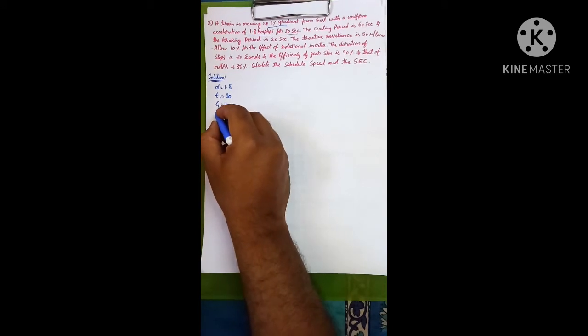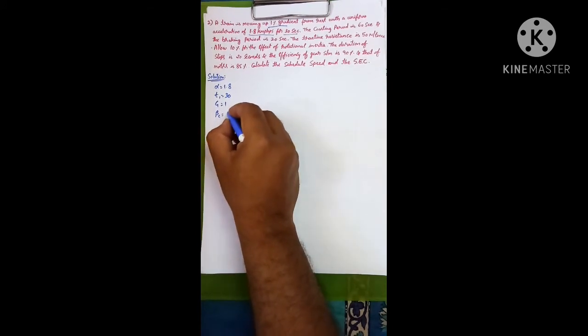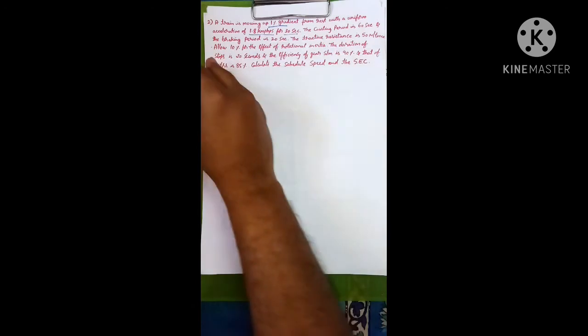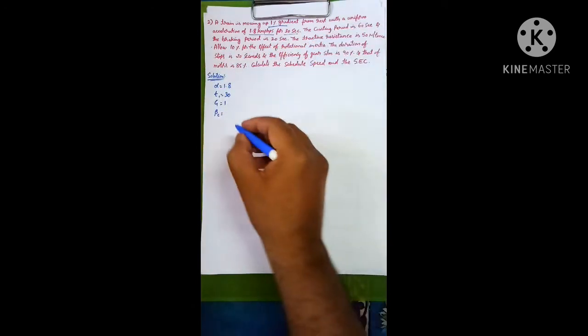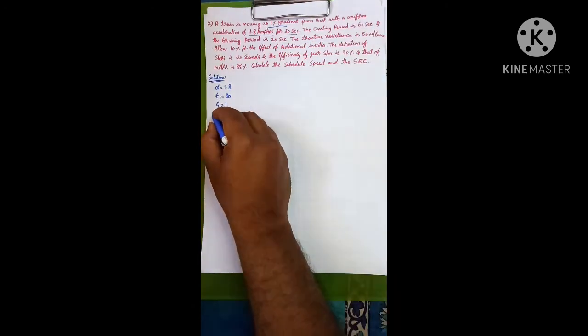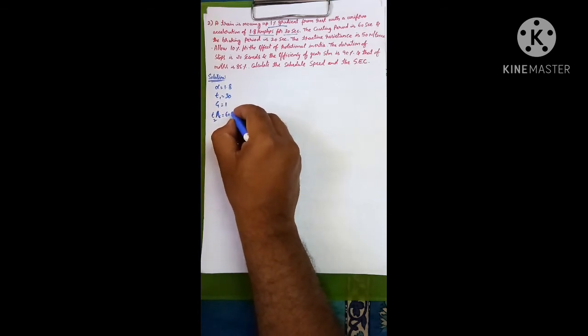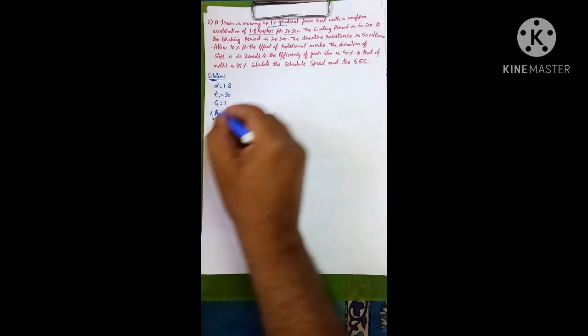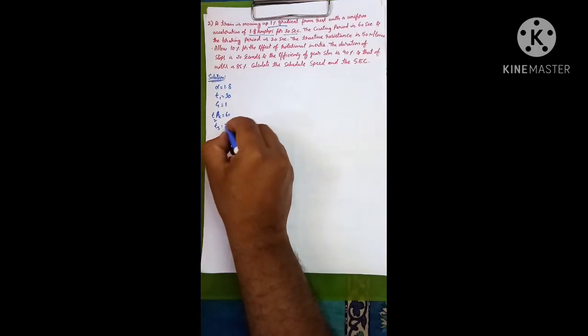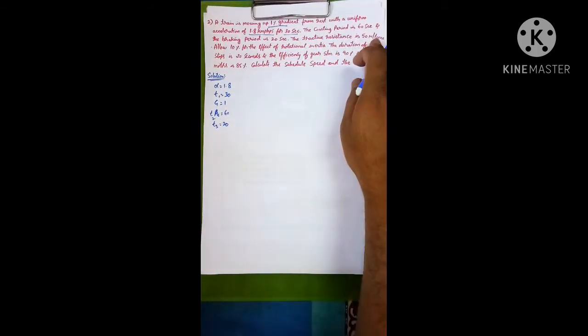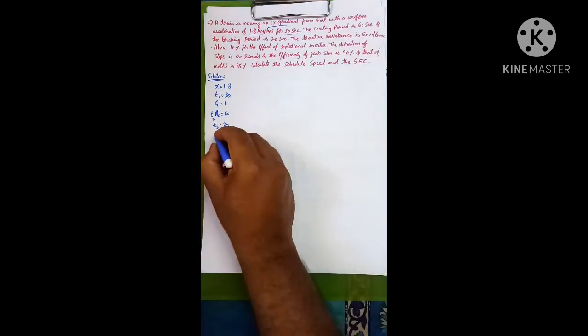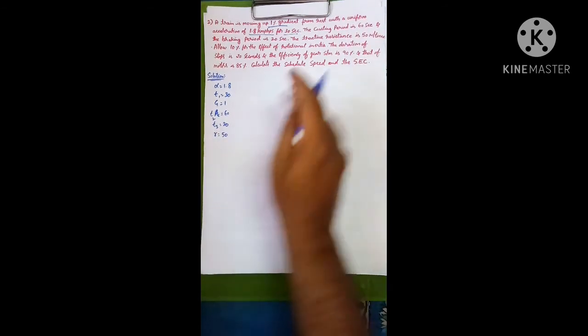So let me take it as T2, 60 seconds. And the braking period is 20 seconds, so T3 is 20 seconds. The tractive resistance is 50 Newton per ton.